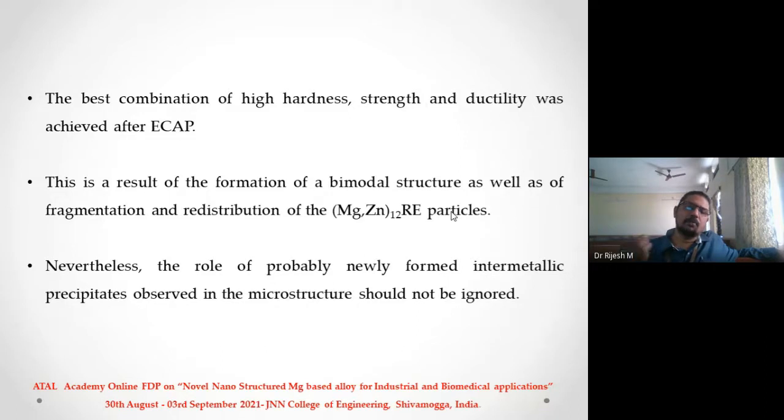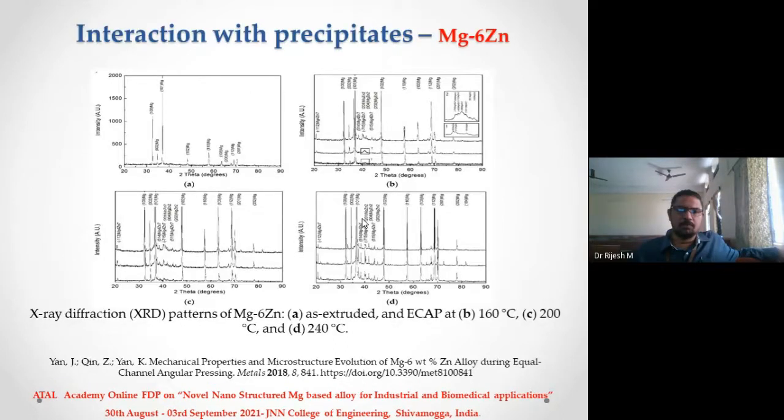They'll not become very coarse particles where you only increase the strength. Nevertheless, the role of newly formed intermetallic precipitates observed in the microstructure should be ignored. But there must be some new precipitates formed due to this stress-induced process. We'll have to ignore that for the sake of our study now.